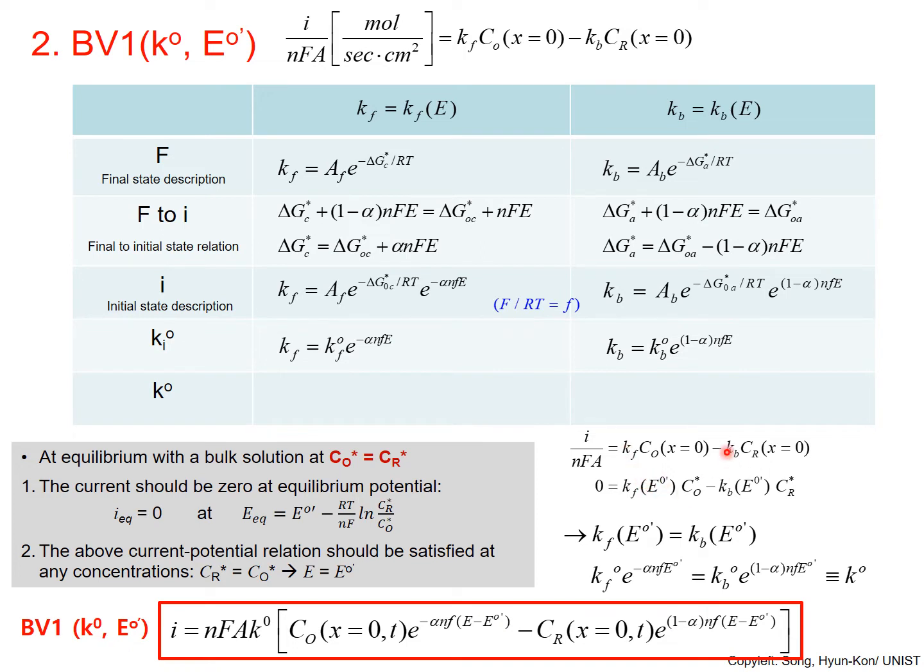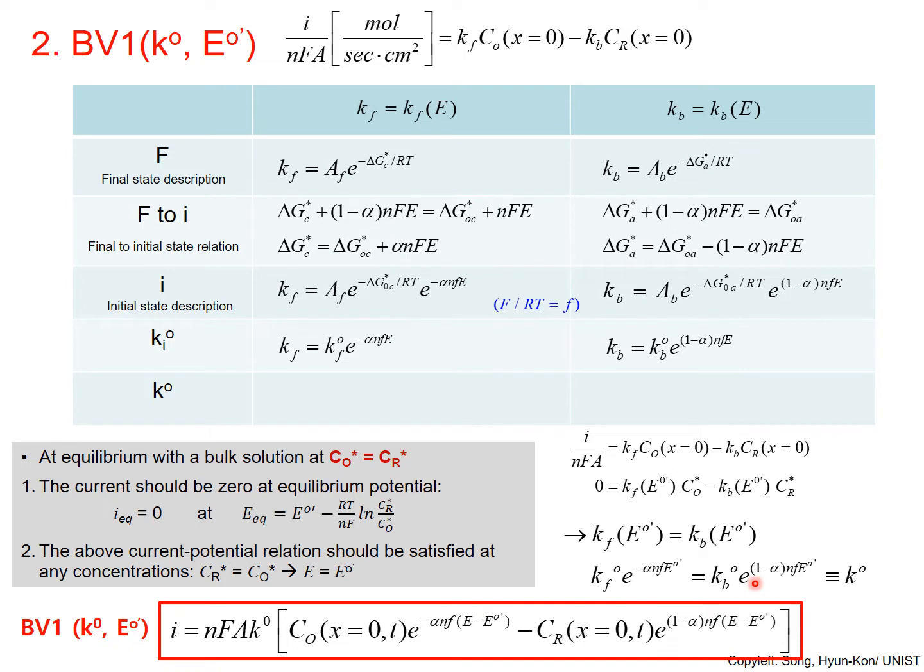Also, the same thing for the backward rate constant, and one more thing, the surface concentrations of oxidized species and reduced species are going to the bulk concentration at equilibrium. One more thing, C_R star is equal to C_O star. So the forward rate constant at formal potential, by using this equation, this one should be equal to that one for the backward reaction.